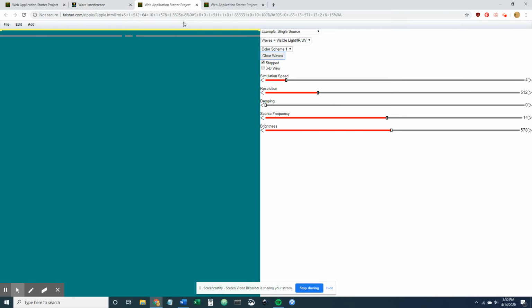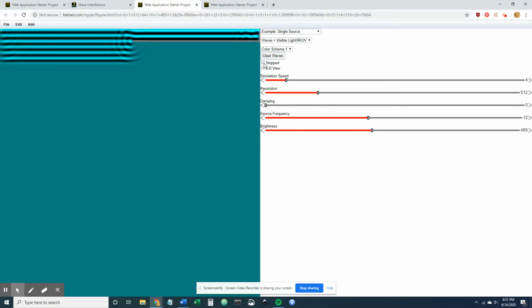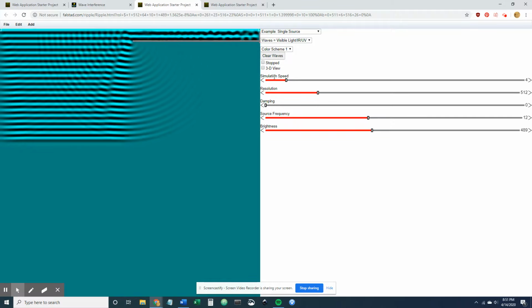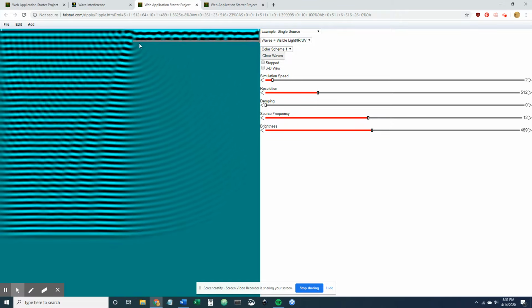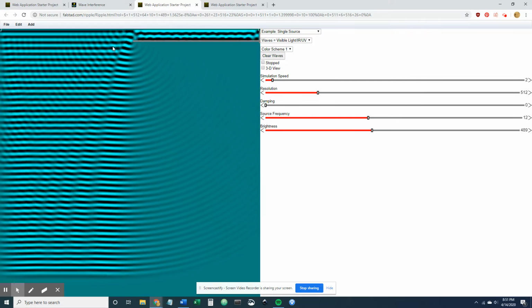So here, let me do this one first. Let's watch a planar wave as it crosses a corner of a wall, just as an example. I'm going to go ahead and play it. And again, we see a circular pattern around the obstacle.